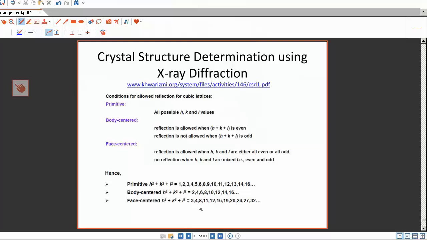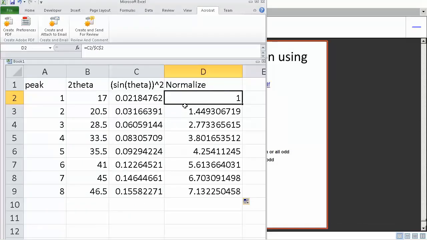So I think that the best fit might be offered by this, by assuming it's face-centered cubic, in which case we need to normalize this first number to a 3. I'm going to multiply the equation by 3, and that's equivalent to dividing all of these numbers by a third of the first number.